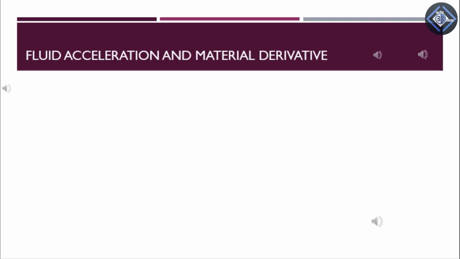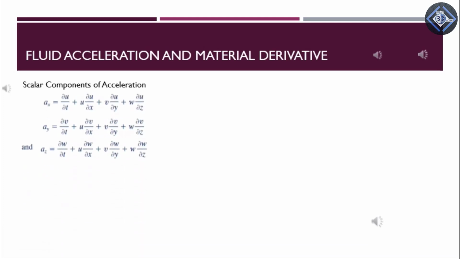So the acceleration that we have just calculated in the last slide is actually a vector quantity. It will have three components. If we talk about the three-dimensional space, ax, ay, and az will be these components in x, y, and z directions, respectively.